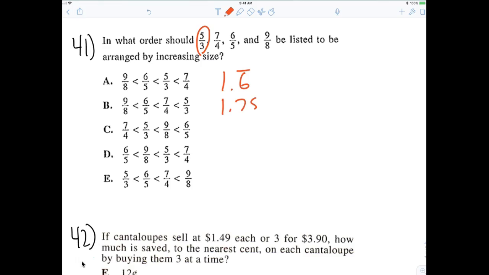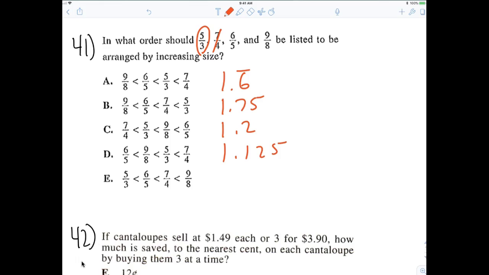You should be able to tell me that's 1.75. 6/5 is 1 1/5, which is 1.2. And we know what 1/8 is, because I said I wanted you to memorize it. 1/8 is 1.125. Everybody good on that? Yes.